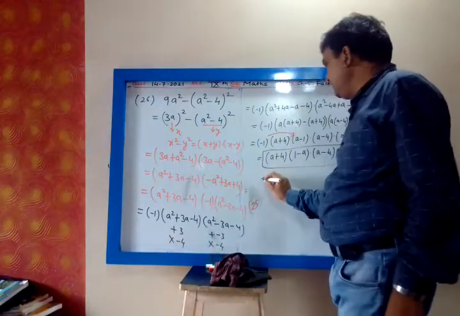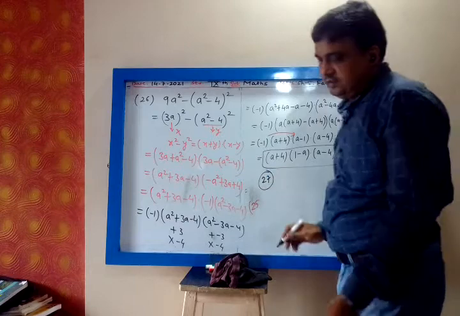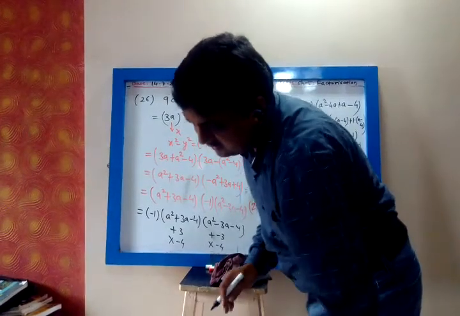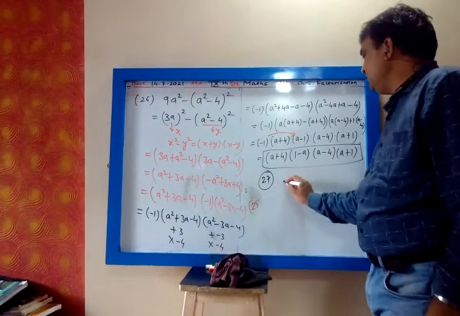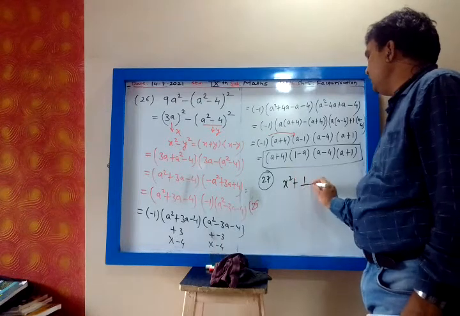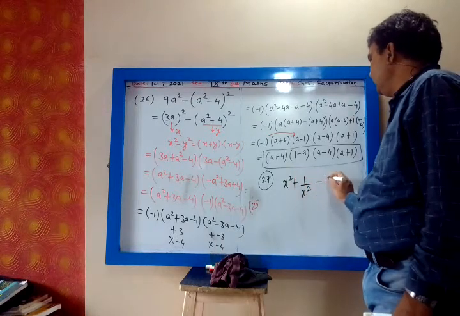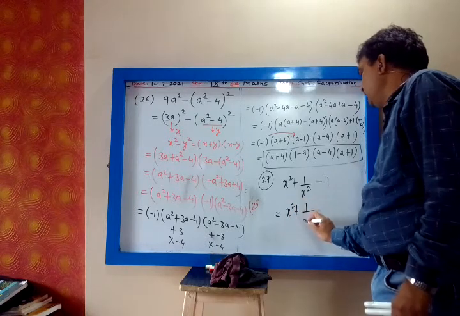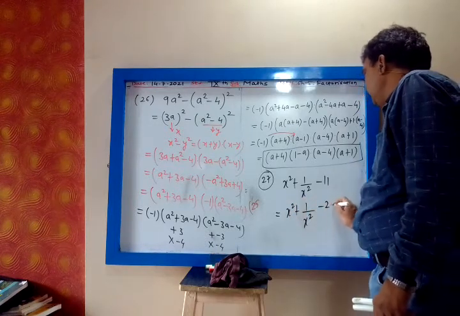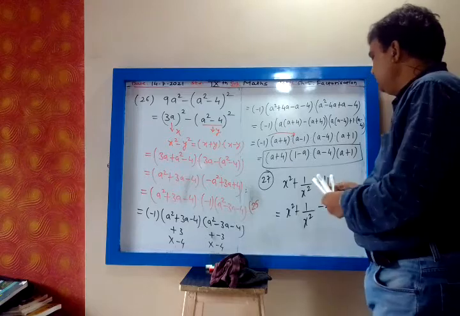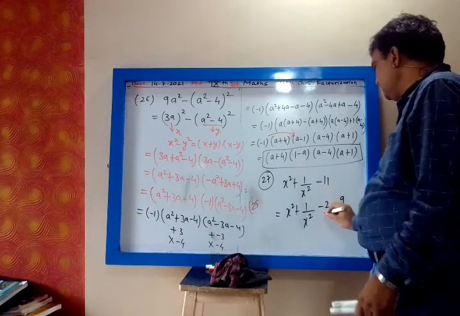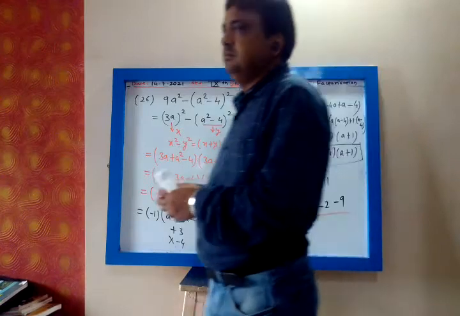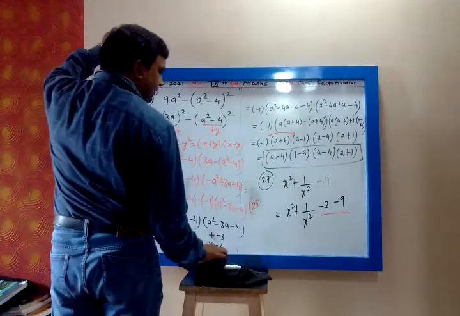Then 27th: x square plus 1 upon x square minus 11. So this I can write x square plus 1 upon x square, and minus 11 I can write as minus 2 minus 9. Minus 2 minus 9, when you add, you will get minus 11.